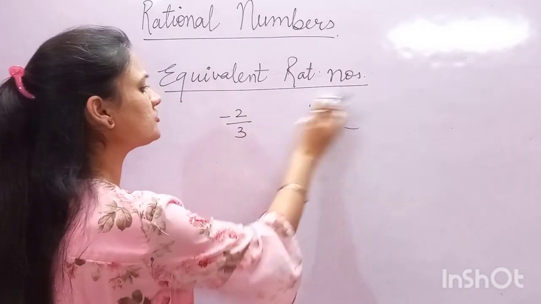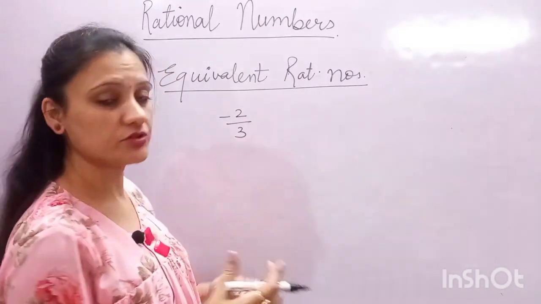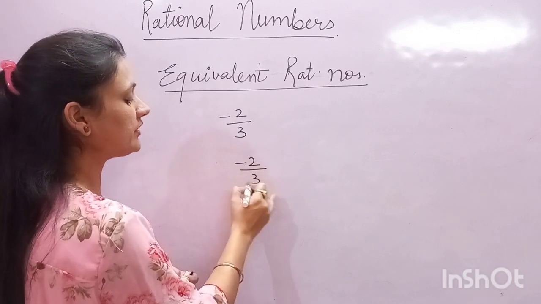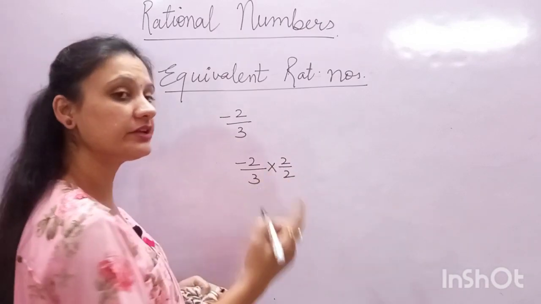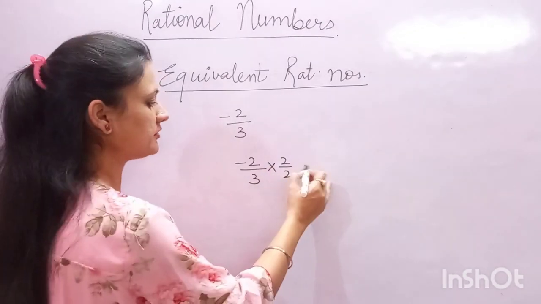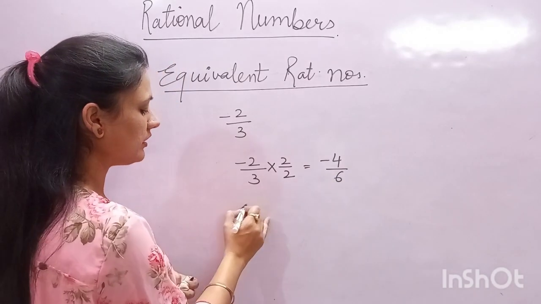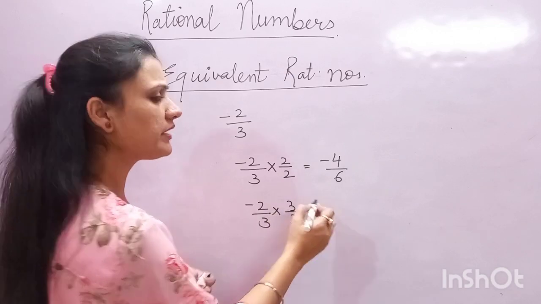And if somebody asks you to find out equivalent rational numbers, what do you have to do? It's very simple. If they ask you to find out two equivalent rational numbers, you just multiply numerator and denominator with the same number. So here I get one rational number. To find out the other, you can multiply by 3, by 6, by any number.